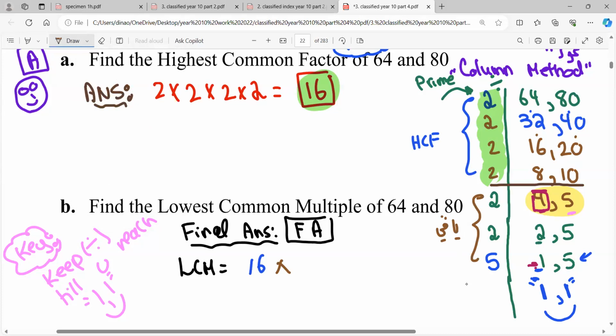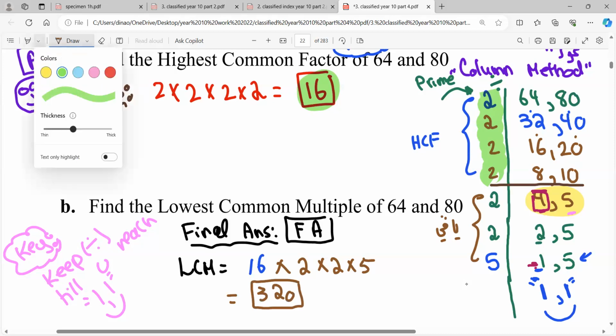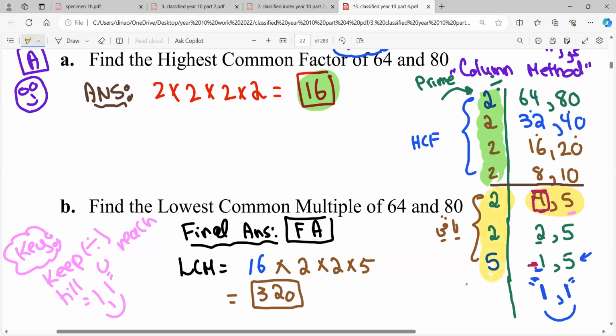So I multiply 16 times 2 times 2 times 5. And then on the calculator, I will get my final answer: 16 times 2 times 2 times 5. And I will get 320, which is the LCM. So to find the LCM, I multiply HCF by دول.